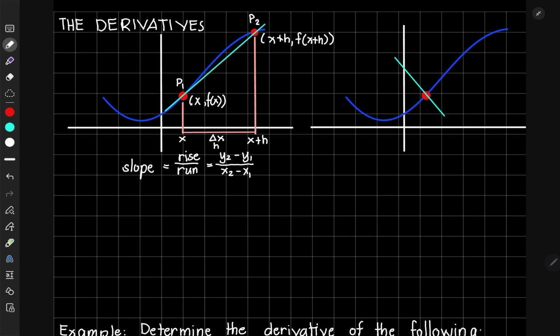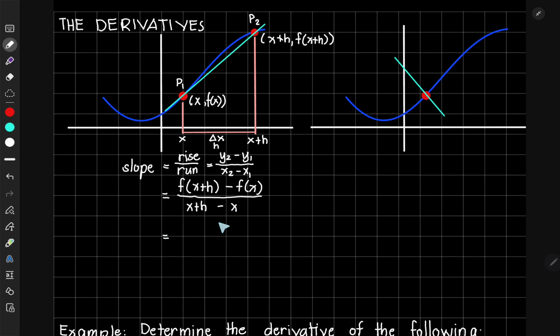And by changing that, mag-iba rin ito, yung formula ng slope. So magiging yung y2 kanina is already f of x plus h, and then minus yung y1, which at this point ay f of x. So all over yung x2 natin, yung x2 here is x plus h na siya, then minus yung x1, which is yung x.